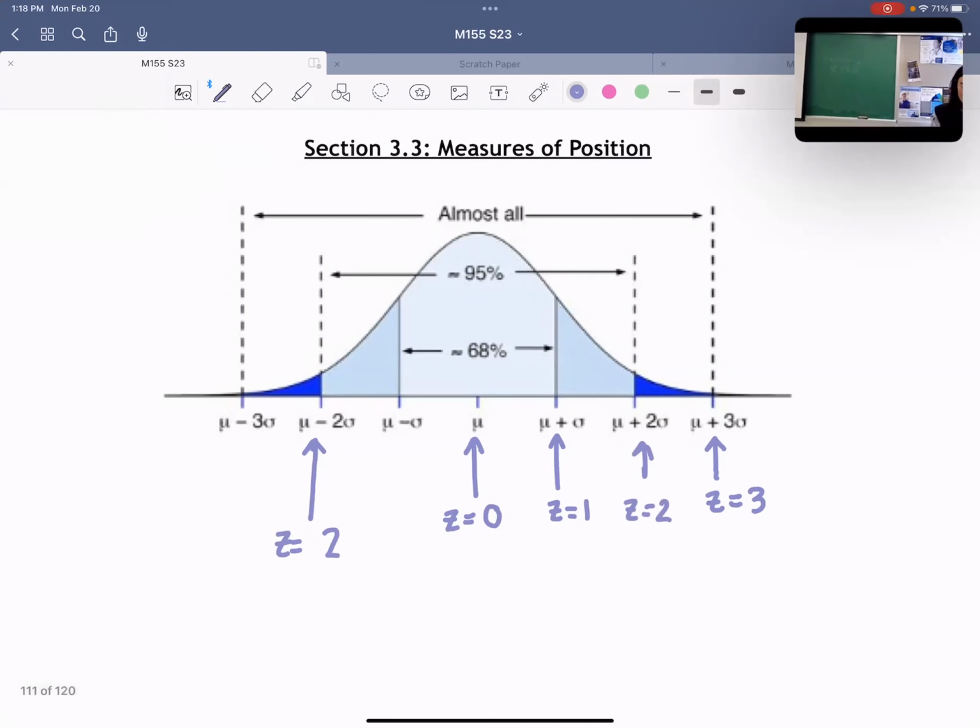So what do you think makes this one different? Yeah, it's going to be negative 2, right? So if we're below the mean, we have a negative z-score, right? So if I went negative 3 standard deviations away from the mean, z would be negative 3. Okay, so the sign of our z-score tells us if we're above average or if we're below average.